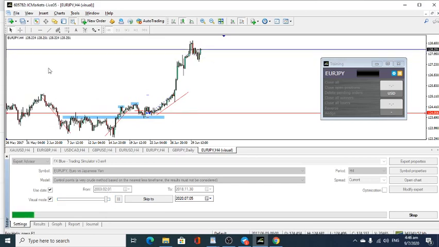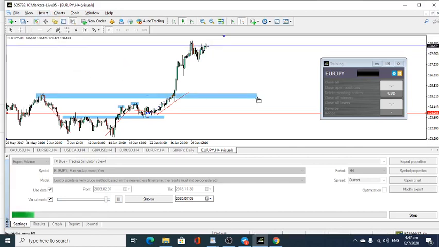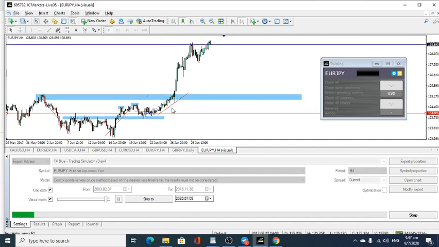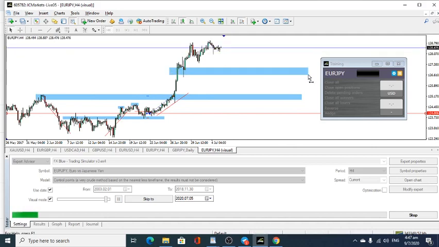As it broke here, it broke this resistance, right? So now as long as this is not broken, it's still a buy.